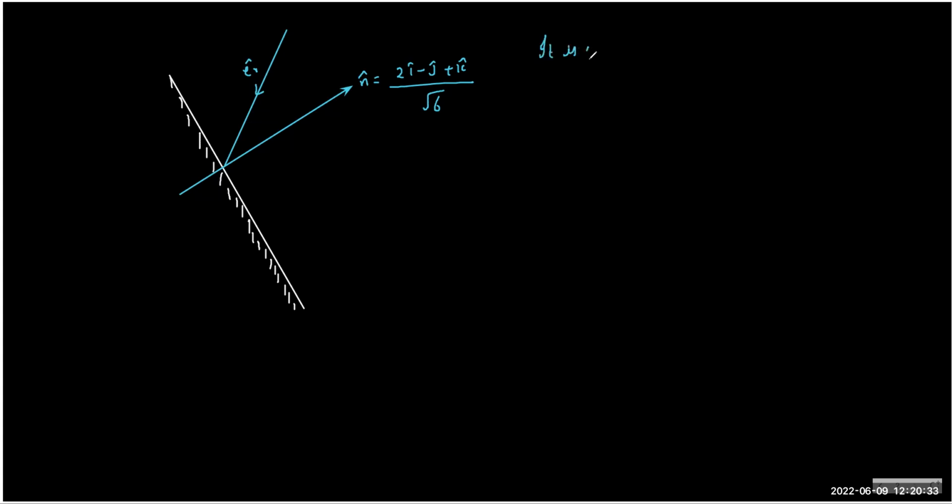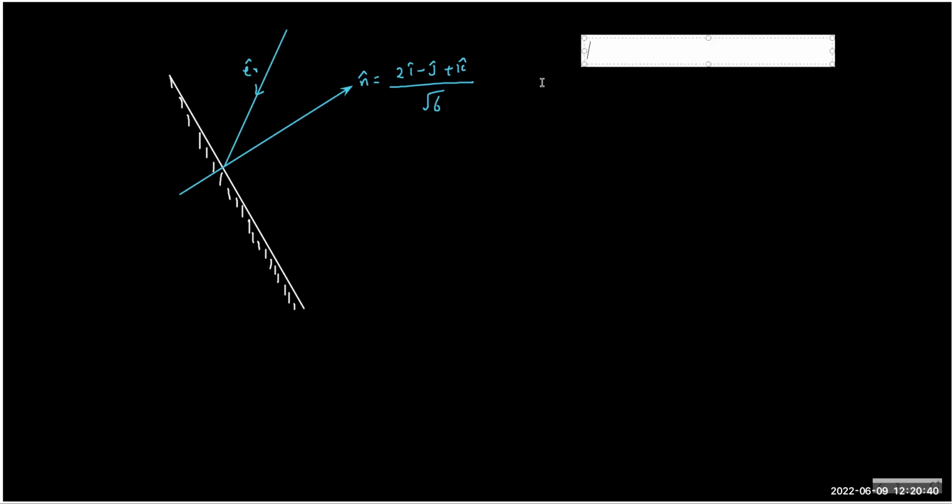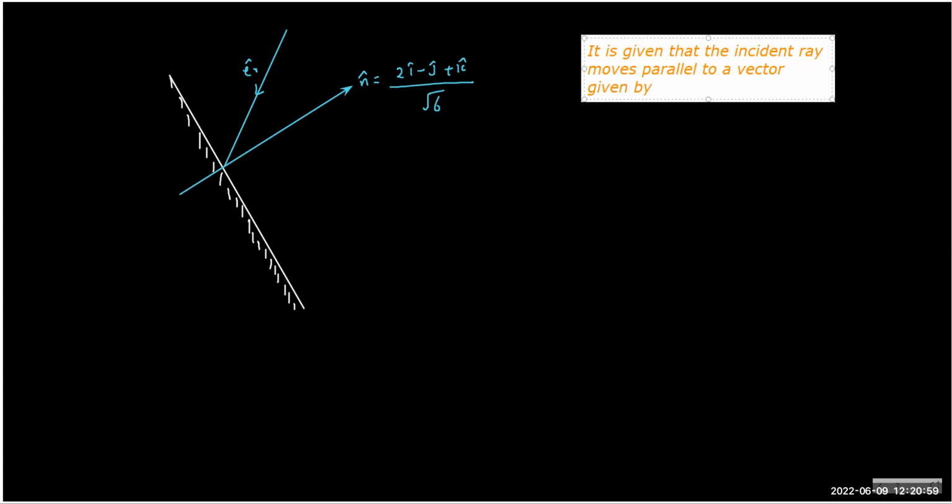It is given that the incident ray moves parallel to a vector given by i cap plus 2j cap minus 3k cap.